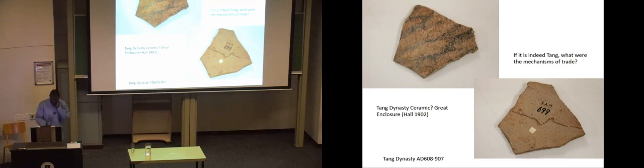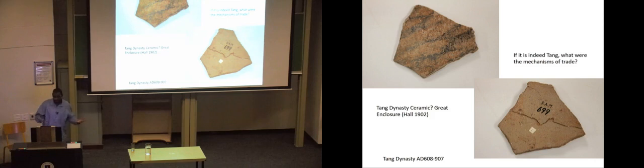Then there are these ceramics that no one has managed to identify yet, but there are possibilities that they are associated with the Tang dynasty in China. SAM 699, that's South African Museum accession number 699.